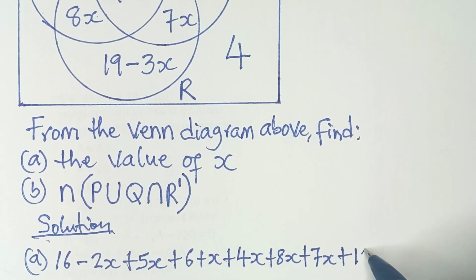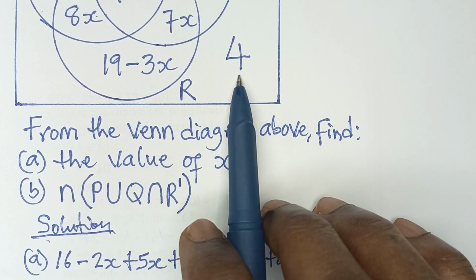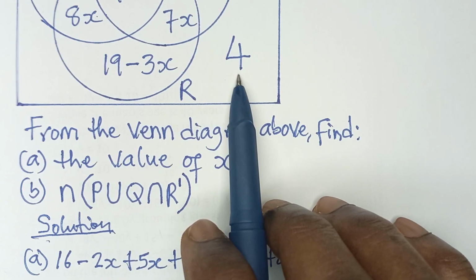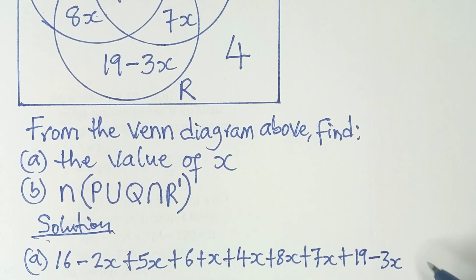And then we have a number outside the circles, and that is 4. So I'm going to say plus 4 as well.